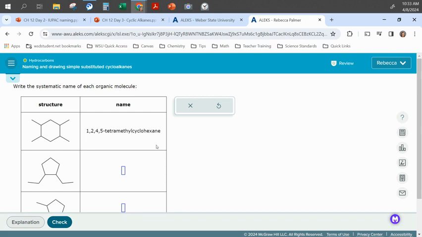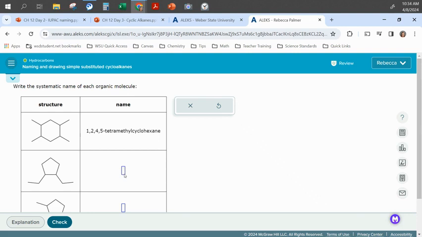So together, if I added 1 and 2, that's 3. I can't beat a sum of 3 on this molecule. So if I went 1, 2, 3, 4, 5, then it'd be 1 plus 5. So that's not going to be good. If I remember it this way, 1, 2, then it's the same molecule. 1, 2, 3, that'll be the same thing. So it'd just be like flipping the molecule over, so that doesn't matter.